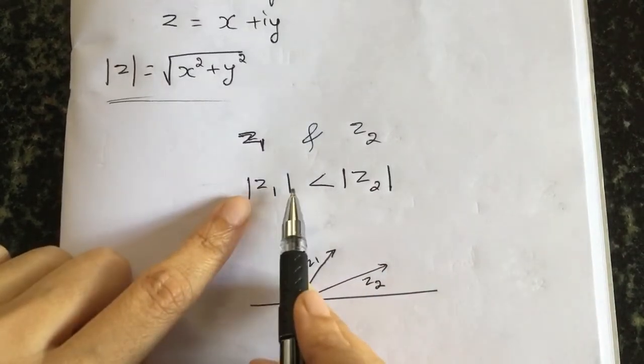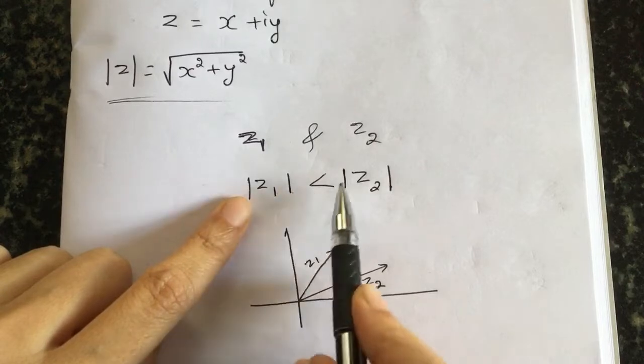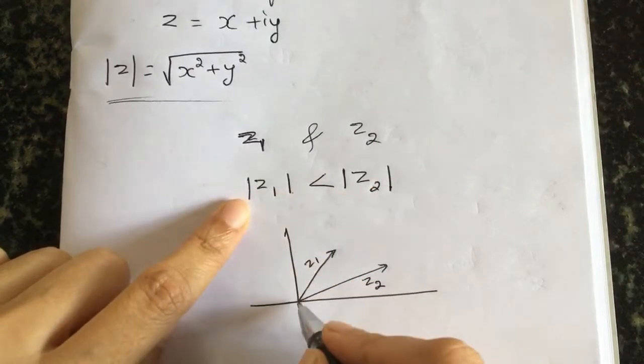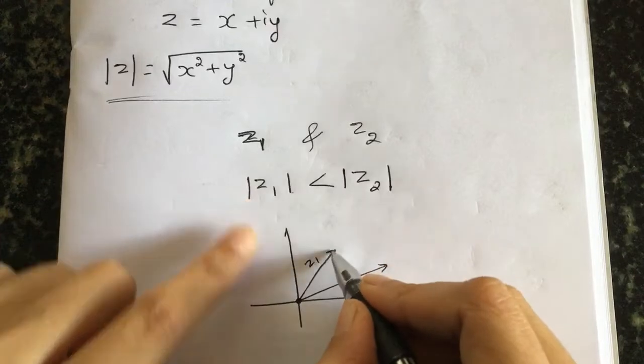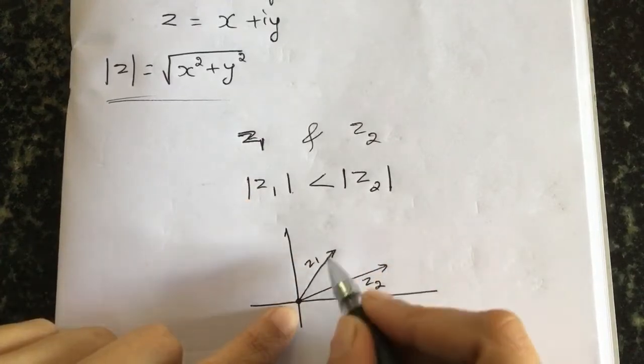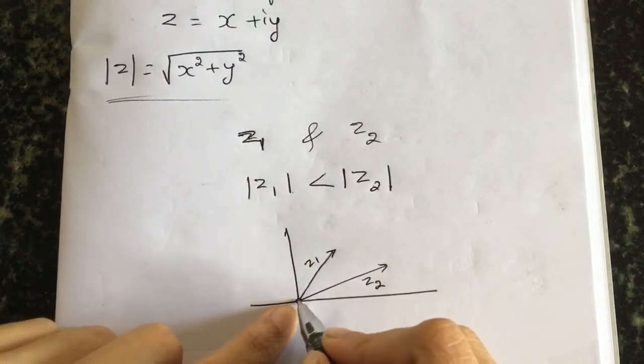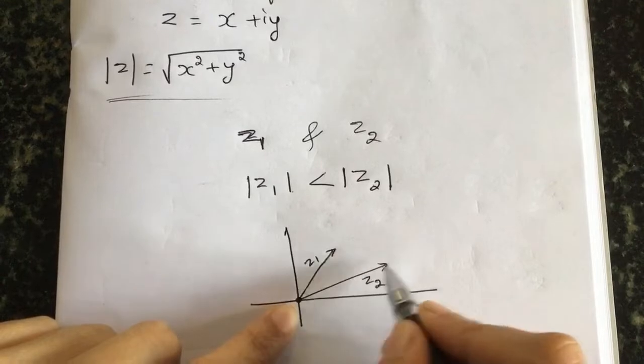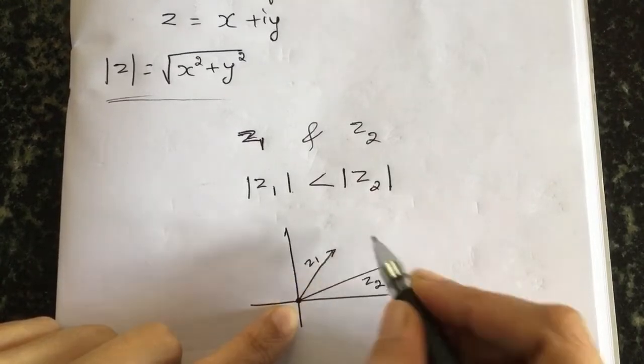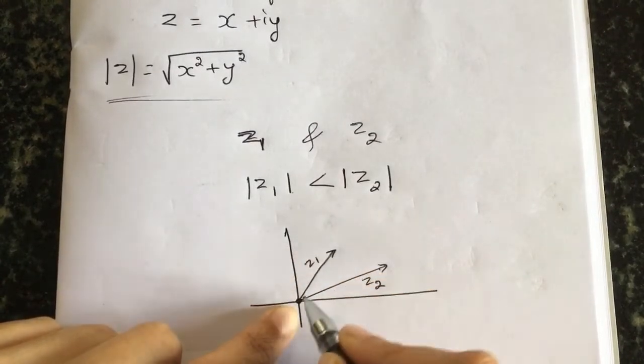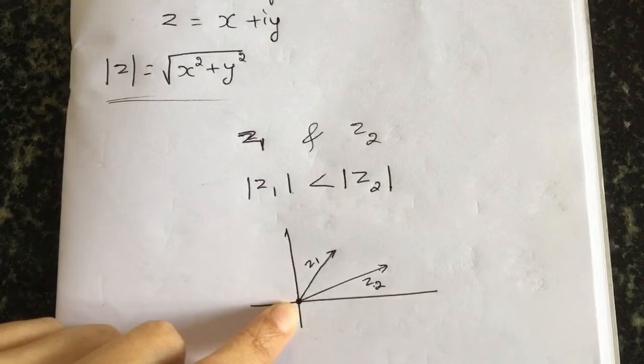When I say mod z1 is less than mod z2, it means that the distance between z1 and the origin is less compared to this. Therefore, I can say that the point z1 is closer to the origin than z2.